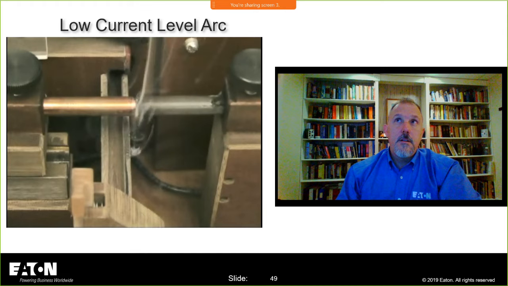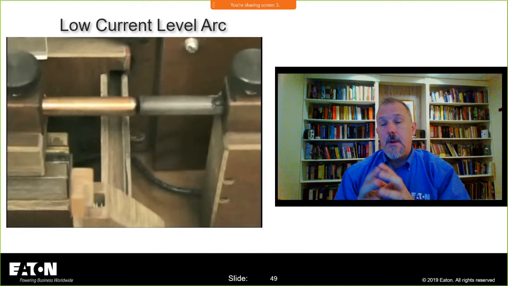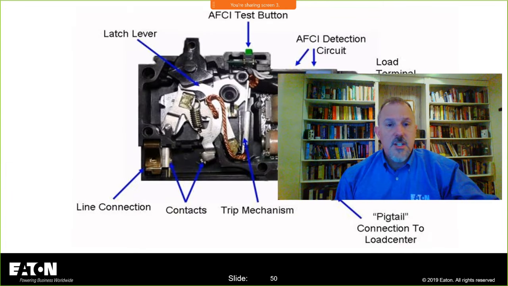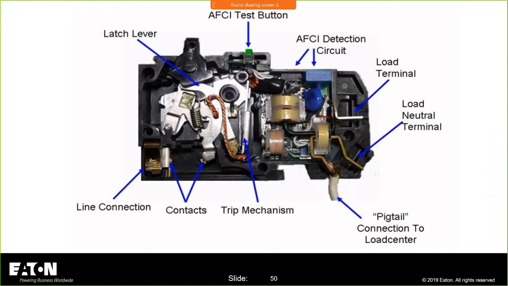I could show you that even below 5 amps, you could probably start a fire, but it's much more difficult to detect without nuisance tripping. So that's basically what you saw there, a series and parallel arc, and you have the detection. Now here's the technology that you have inside of a circuit breaker.